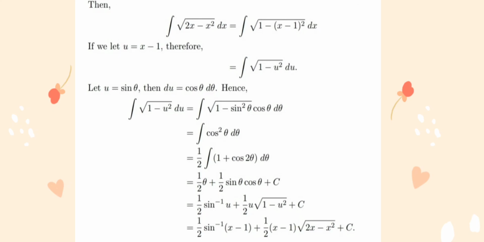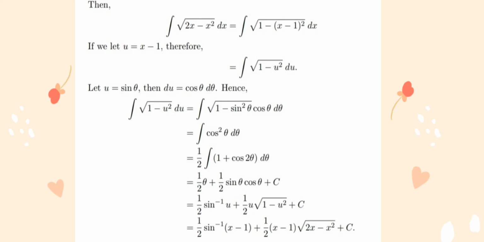And then we apply Pythagorean identities. We'll get cos to the power of 2 theta d theta. And then we apply the double angle formula. We get 1 over 2 integral of 1 plus cos 2 theta d theta.